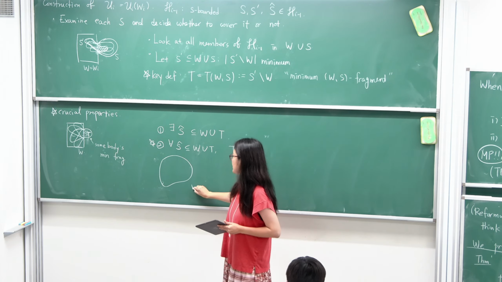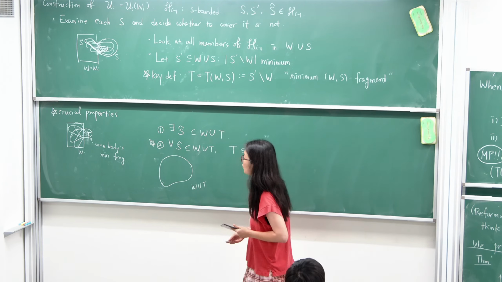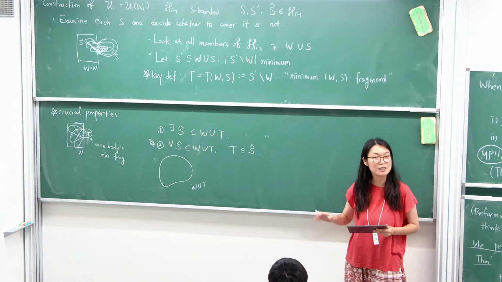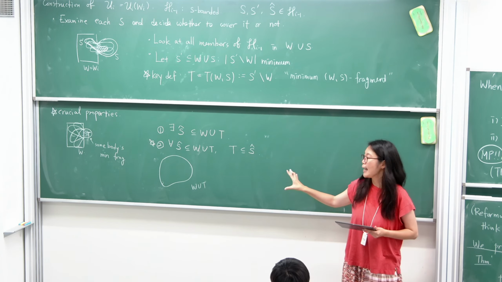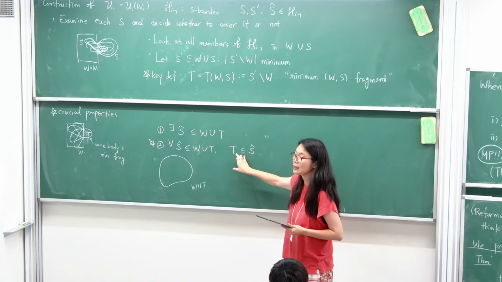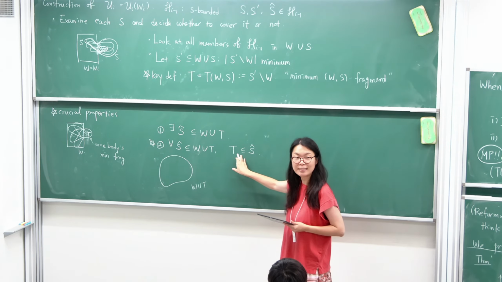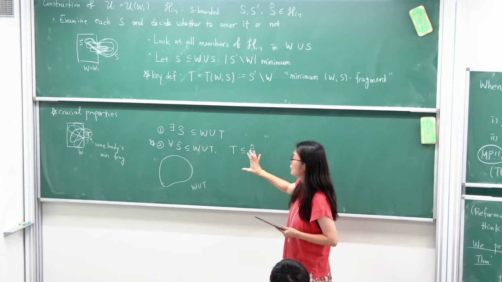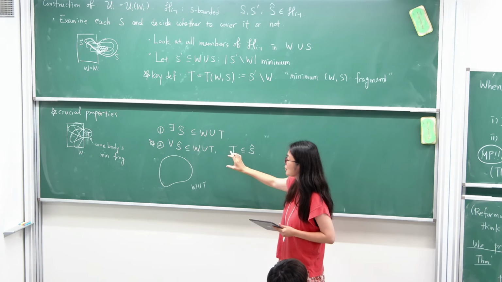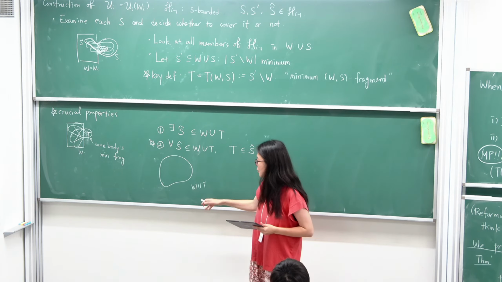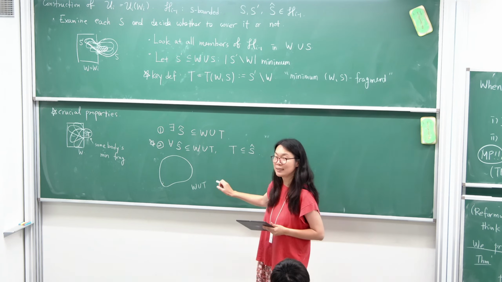What we're going to do is choose W union T first, and this one is relatively cheaper. And here we're going to find T. As soon as we find T, we can find W. That's our goal, but you'll see why. For now, just trust me. So we first specify W union T, and then we find T.